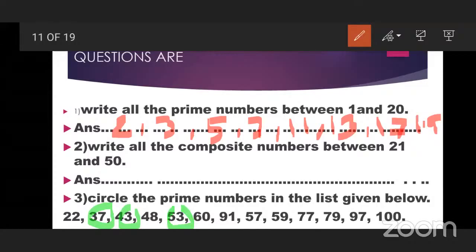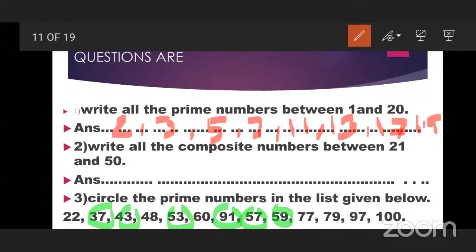Then 60, not a prime number. 91, not prime. 57, not prime. Then 59, also a prime number. 77 is not a prime number.